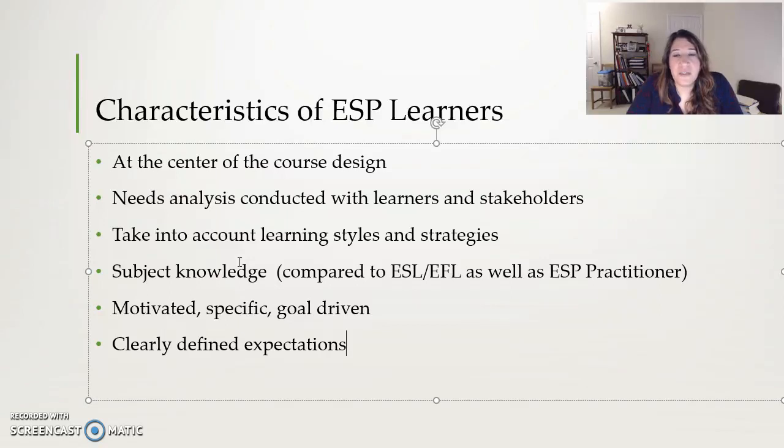And learn the material. When we typically look into ESP learners, we say that they have the subject knowledge. This may not necessarily be true for ESL, EFL learners, in the sense that in those classes, if you're teaching adult learners, the people in the class are from different disciplines, right?